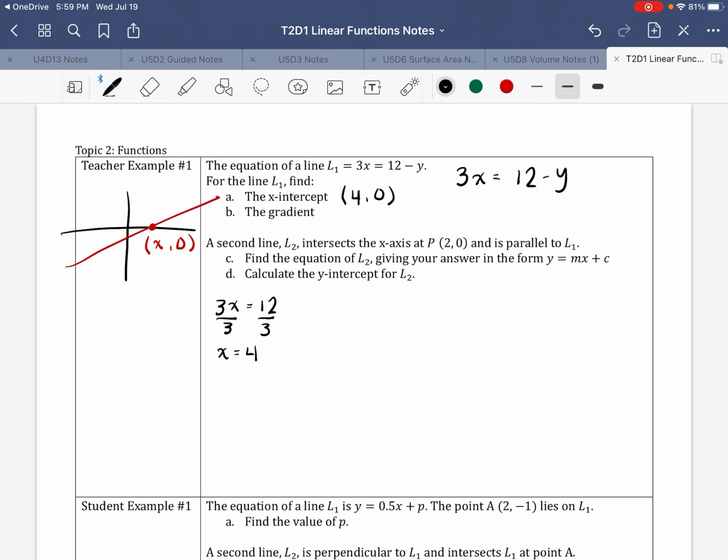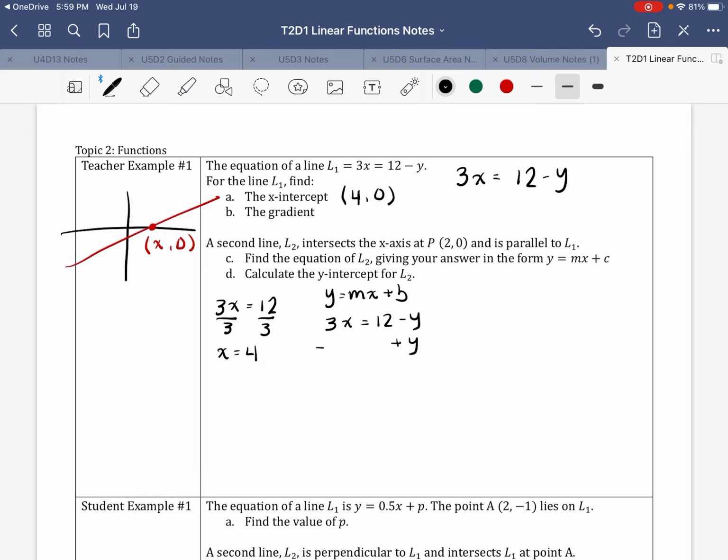Now we're going to look at this equation, and in order to find the gradient, we can get it into slope-intercept form. So if we get it into the form y equals mx plus b, so get y all by itself while moving everything else to the other side, we can find out what the slope is.